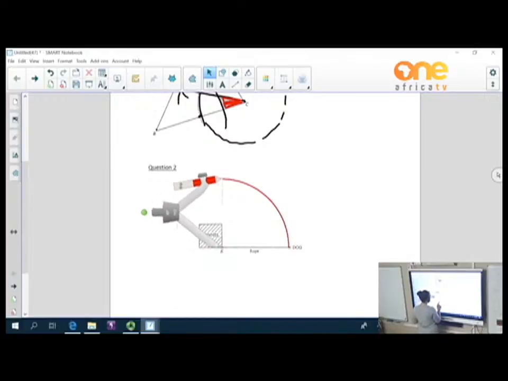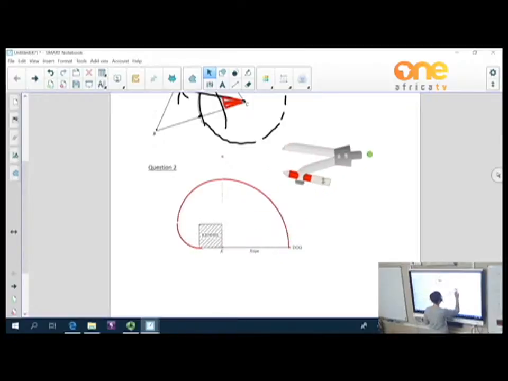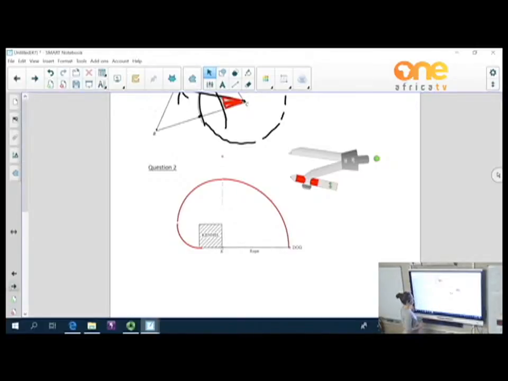And then the rope becomes tight around the kennel, so you will be able to move that part as well, and again, and you will be able to move that part again. So there is your answer to question 2.